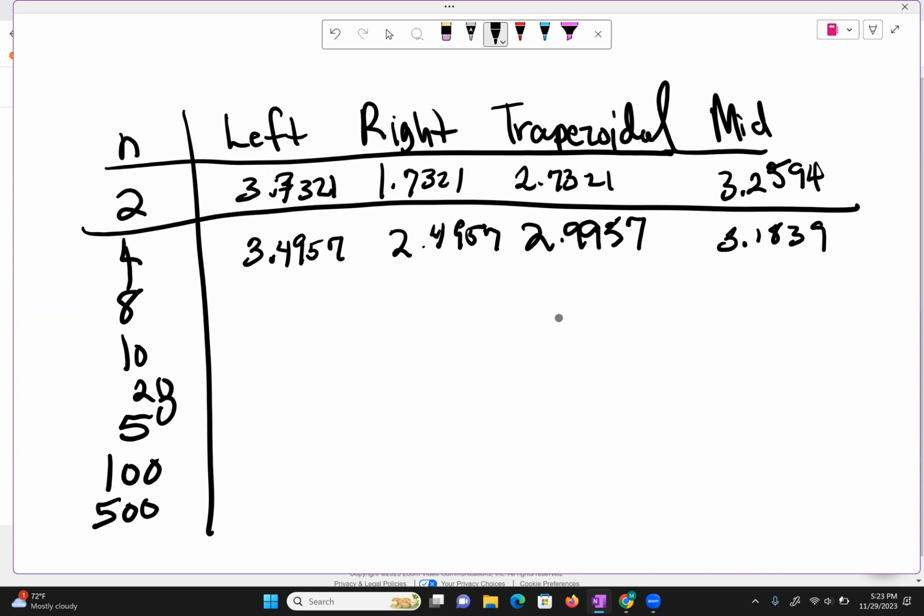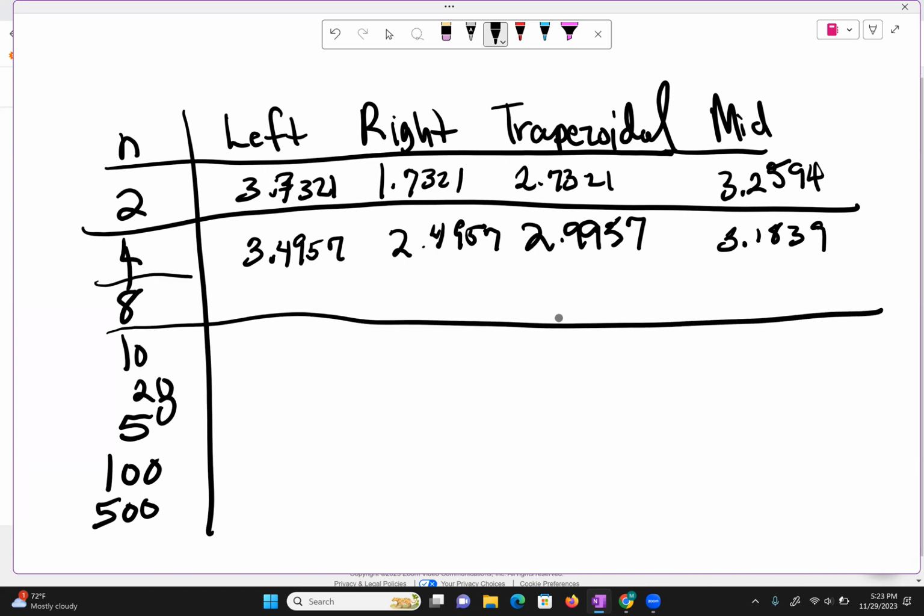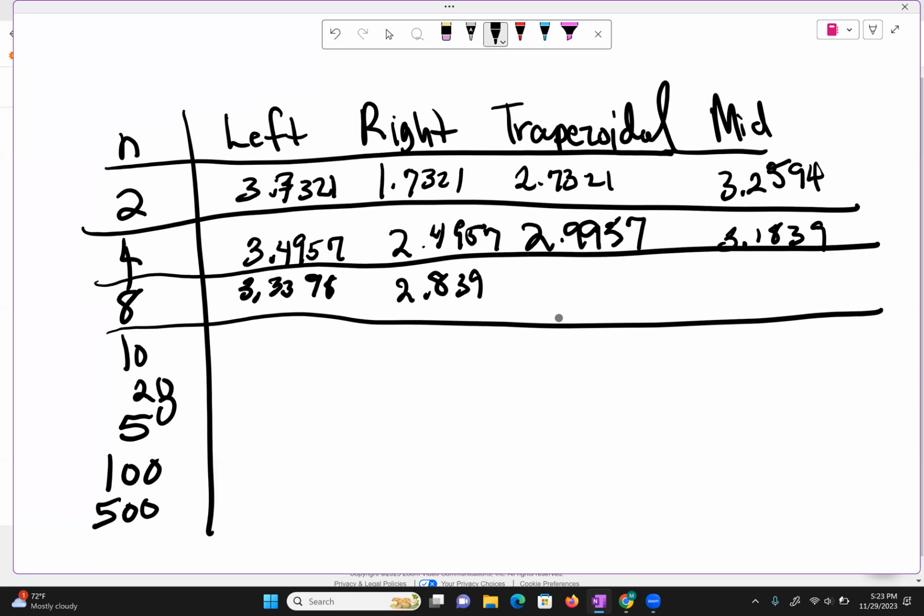So I'll do up to 8. You guys can play with this and see if you want to understand this a little bit better. 3.3398, 2.8398, trapezoidal is bigger at 3.0898.